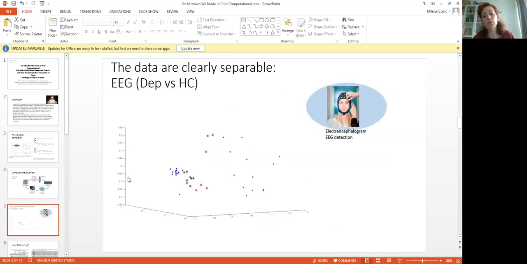So we focus on EEG, which is basically the oldest neuroimaging technique, which has existed for almost 100 years. It is non-invasive. It is present in every modern hospital, and you can very easily and quickly record the signal from somebody's brain. So you can see from one of our studies that the data are clearly separable.